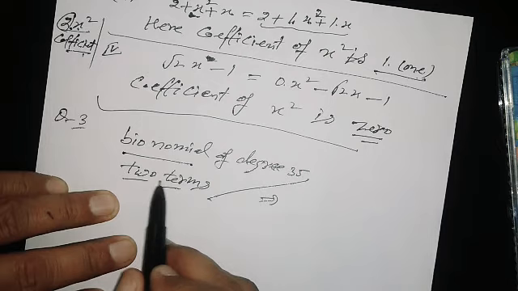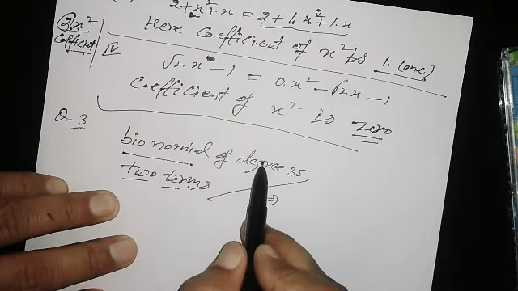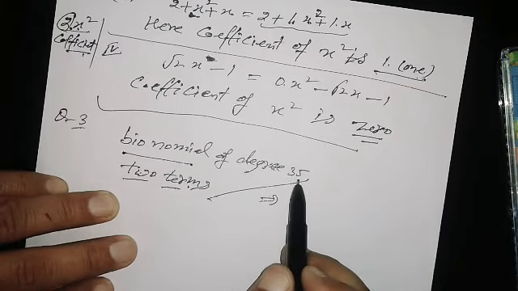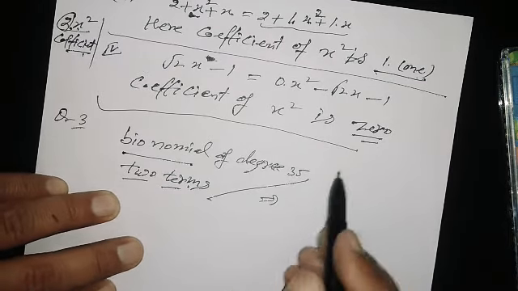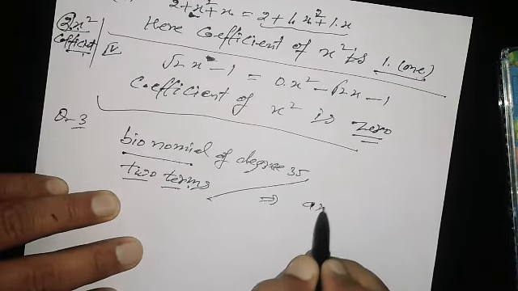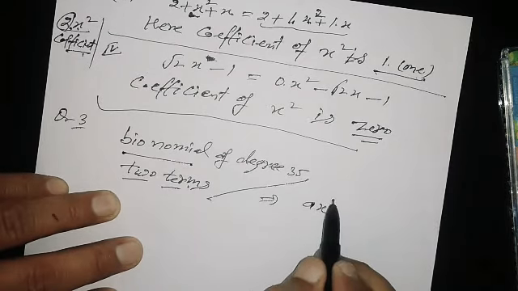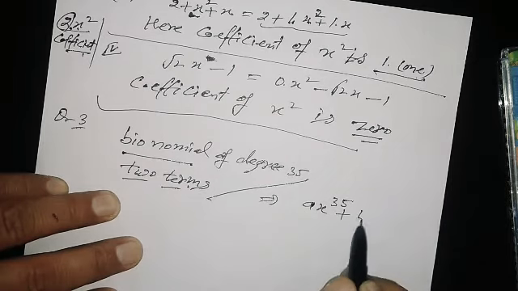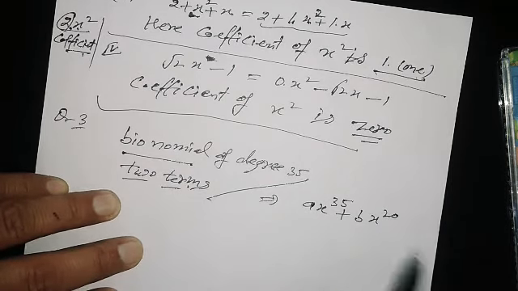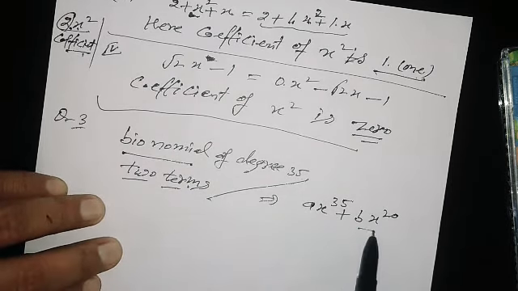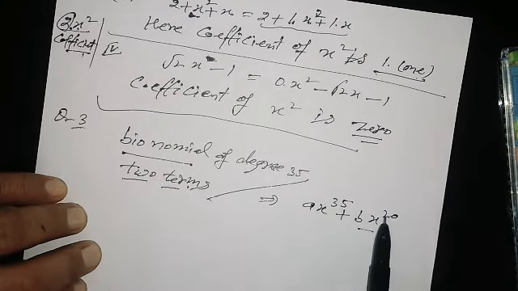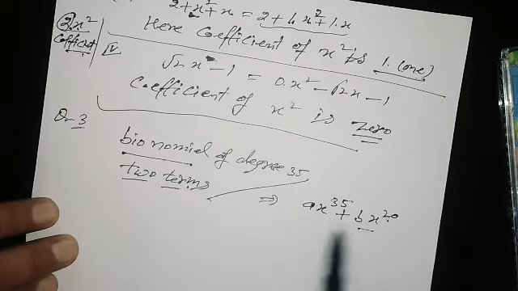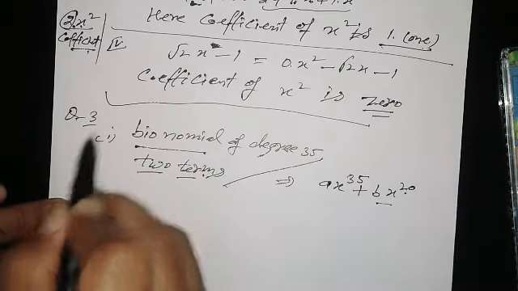We take just two terms and the highest power of the terms must be 35. So you can take this type of expression, a x^35 + b x^20, meaning the other term has a variable power less than 35.